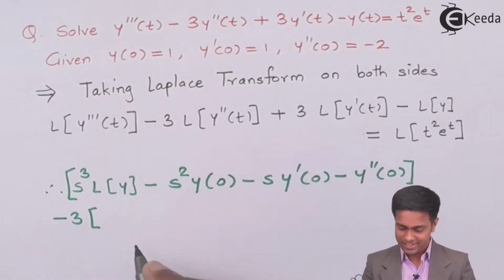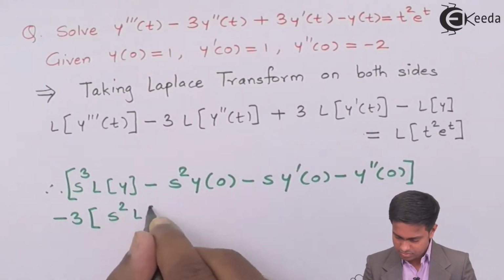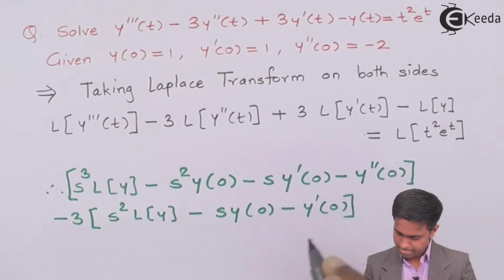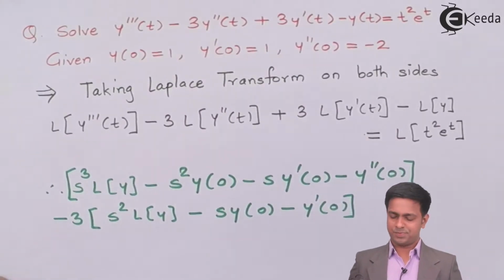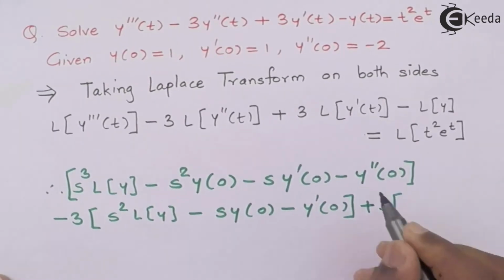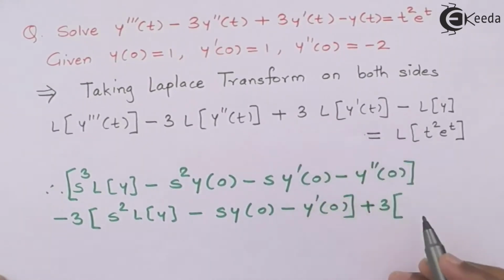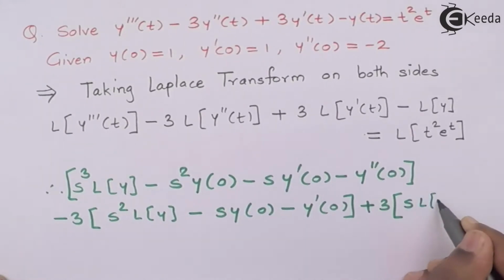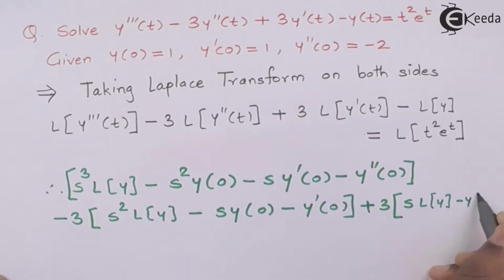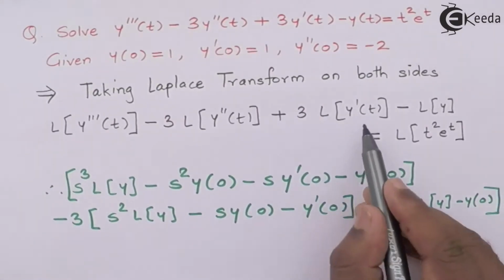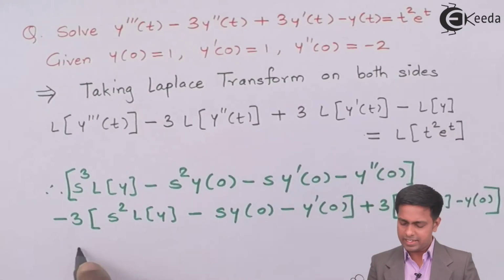So here we will get, now plus 3, and we'll apply the formula for this. So we'll get, and then the last term, that is Laplace of y as it is.